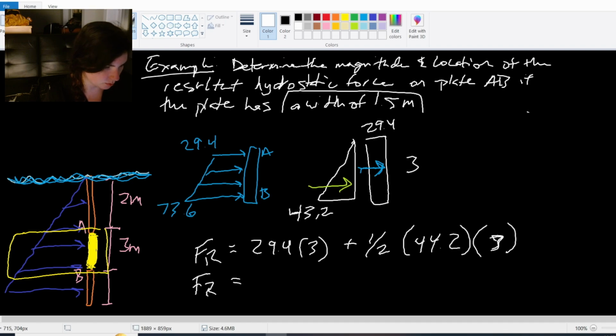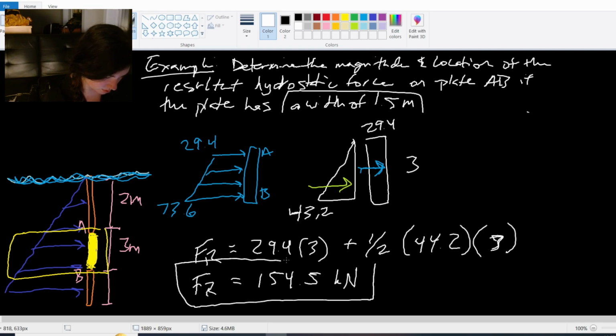So I get a resultant force of 154.5 kilonewtons. So that's the magnitude of my resultant force. Again, this fluid pressure is no different from any other distributed load. It's just a matter of understanding how this triangle functions in the water.